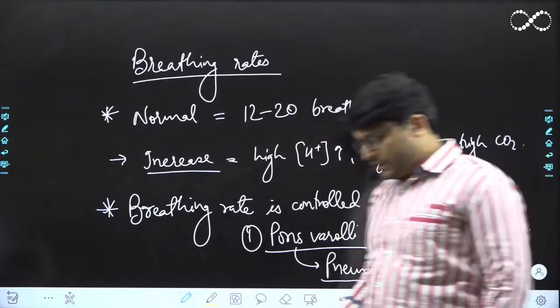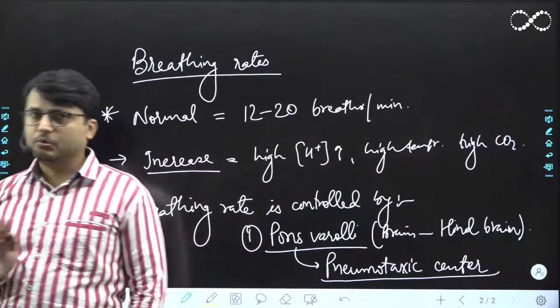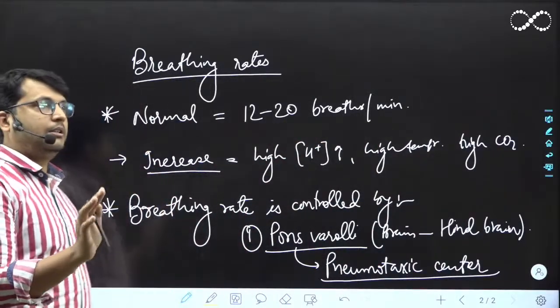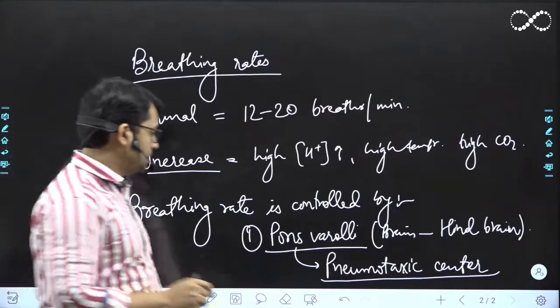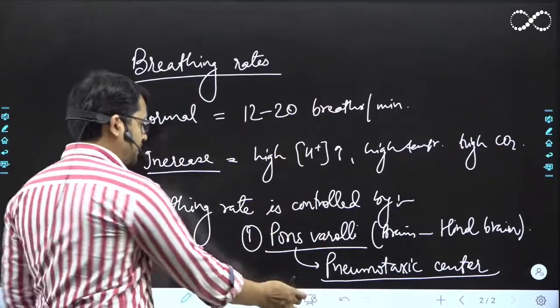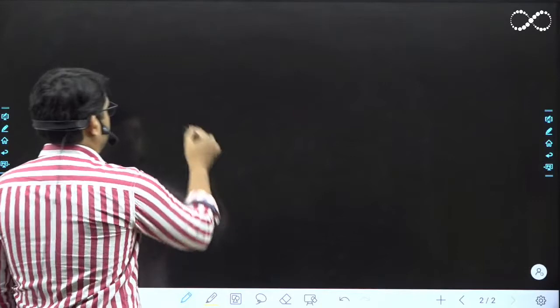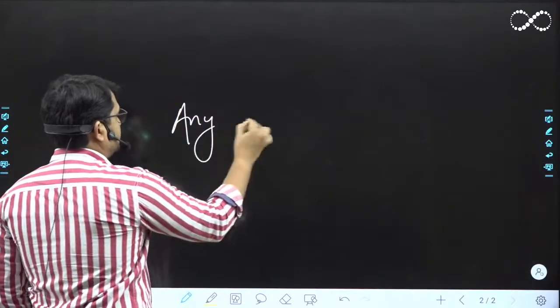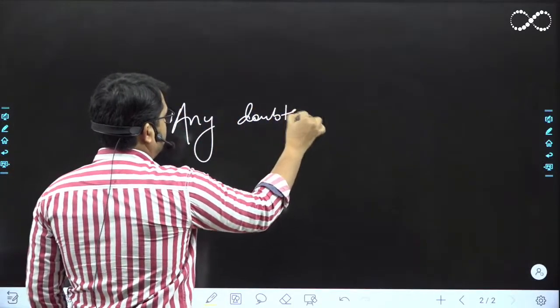ठीक है? So this is all we had to study. इससे अधिक हम लोग breathing के बारे में बात नहीं करेंगे. यहाँ तक अगर आप लोगों को कोई भी doubt है, do let me know. Any doubts so far? Do let me know. Any doubts?